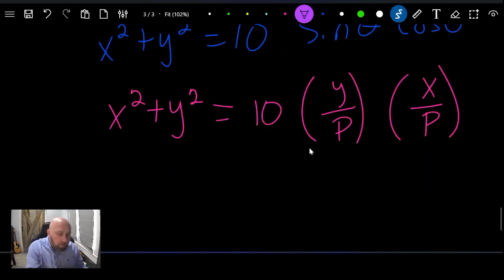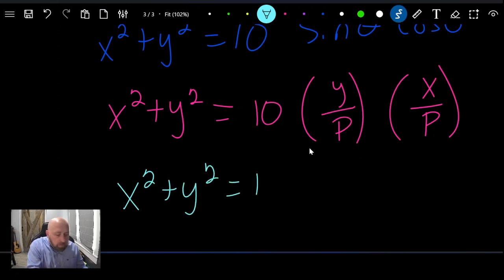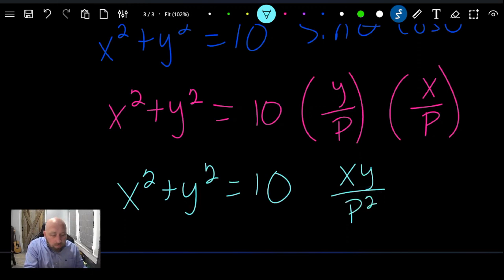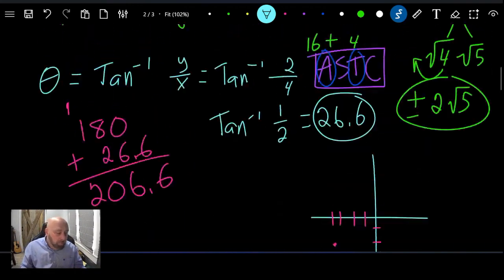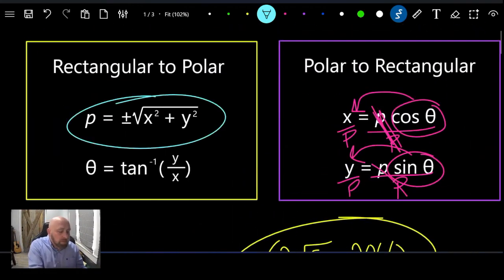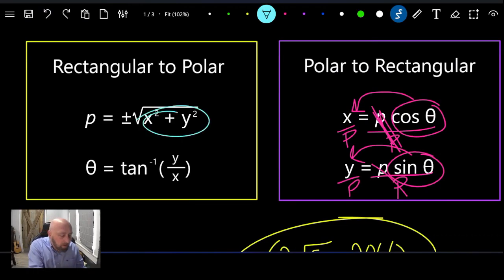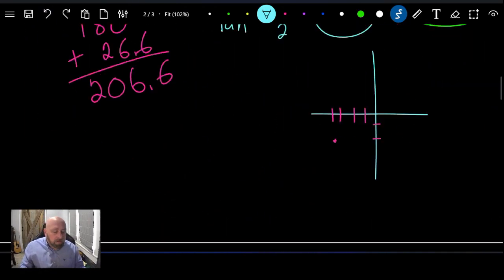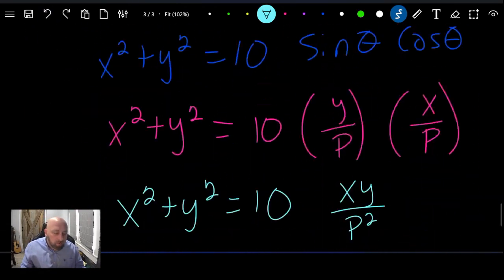You can do a couple different things here, but let's just go ahead and combine these. So we'll get x squared plus y squared equals 10 times xy over rho squared. Now maybe you're thinking, I hope you're thinking, I remember what rho squared is. Yes, I hope you do, because we've done it several times. This is rho squared right here underneath, so x squared plus y squared is rho squared.